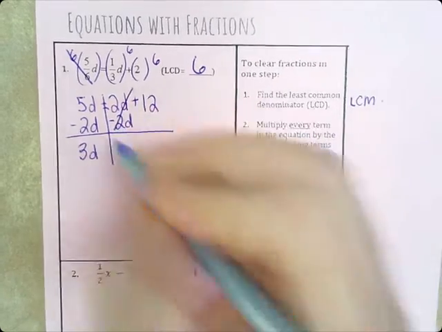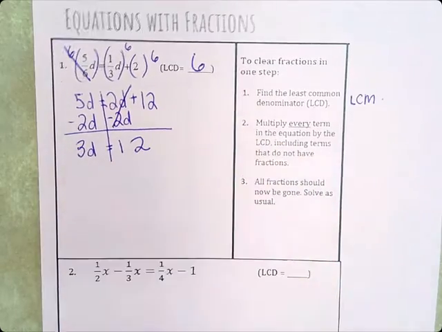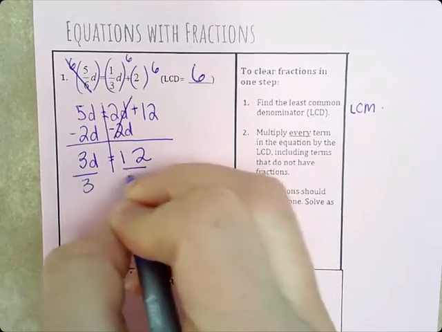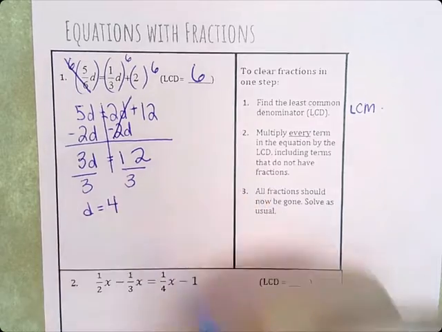The 2d's cancel. Carry down the 12. And then our last step would be divide by 3. 12 divided by 3 is 4.